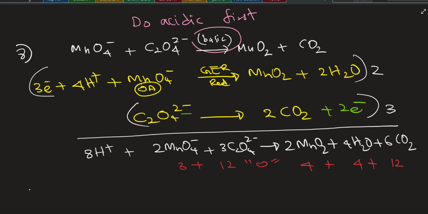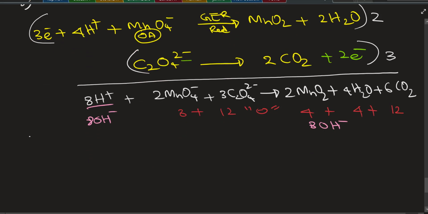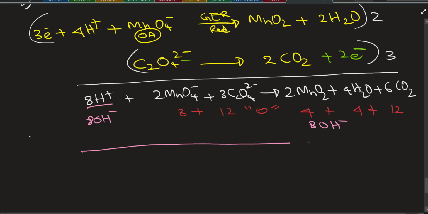Now we have to make it to the basic. Let's look at any H plus, yes, 8H plus. So you can add 8OH minus to the right and 8OH minus to the left. And then H plus and OH minus together will make 8 water. And that's it.